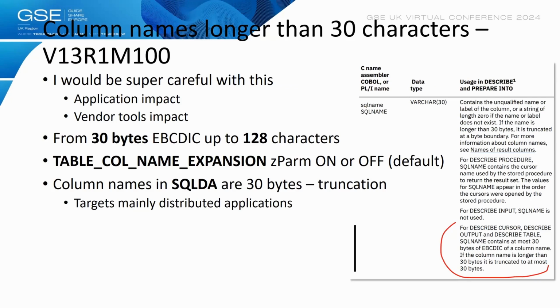But if you read the documentation carefully, you will see that SQLDA is still 30 bytes, which means you would see some truncation if you are using SQLDA and so on. So my belief is that this targets mainly some distributed applications. By default, this is off, and most likely you don't want to turn this on unless you understand the impact on your applications and also on your vendor tools. So just a warning. But maybe you are the customer who really required this feature, so maybe this is for you.